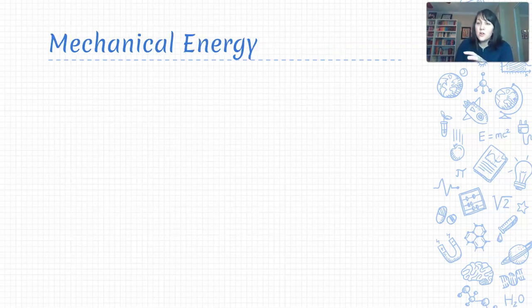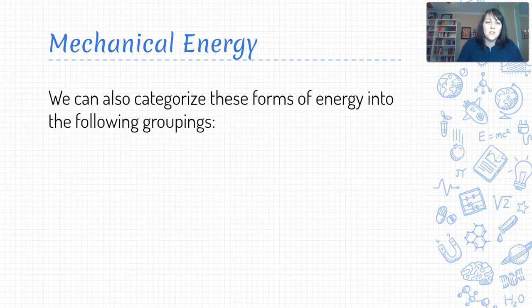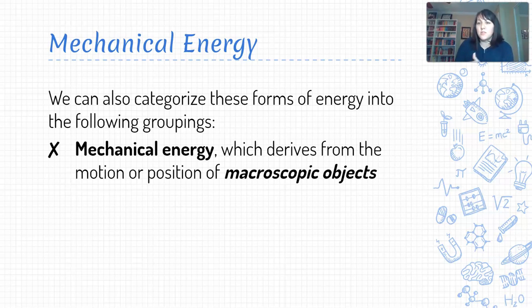So then another way I want us to be thinking about categorizing energy has to do with mechanical energy. I mentioned previously that the first half of physics is all about mechanics, which has to do with looking at motion at a macroscopic level, and then non-mechanical physics has to do with more things at the microscopic level, at other scales. So we can also think of energy in these different categories as well.